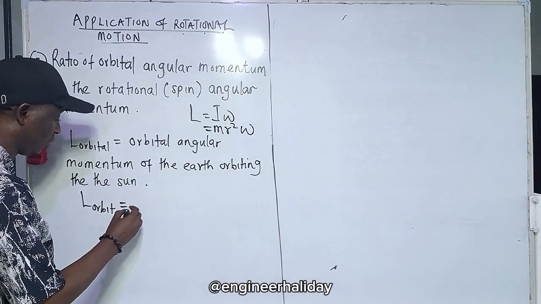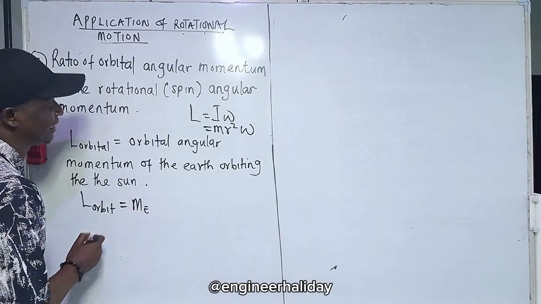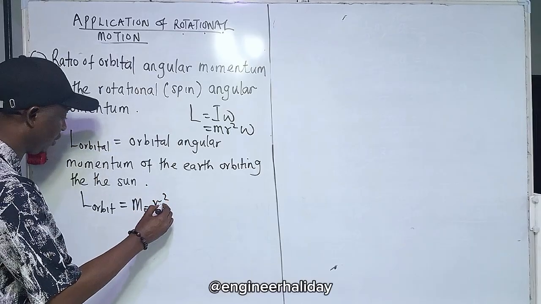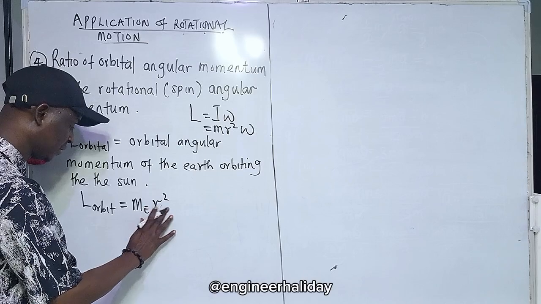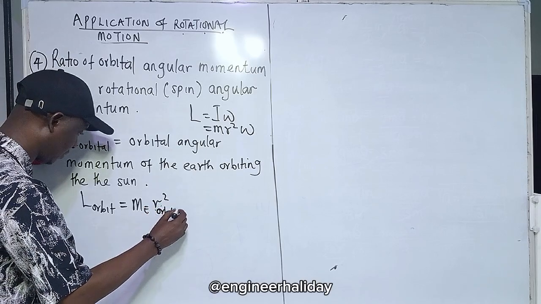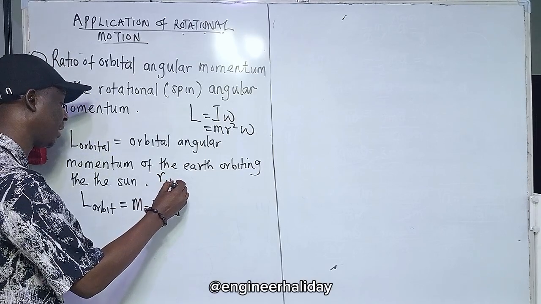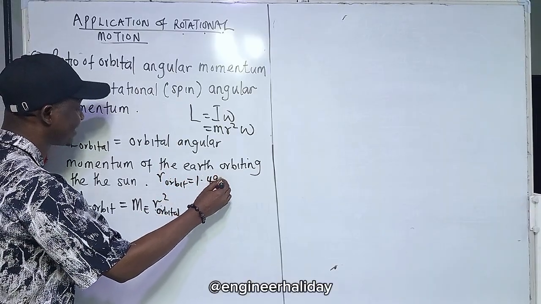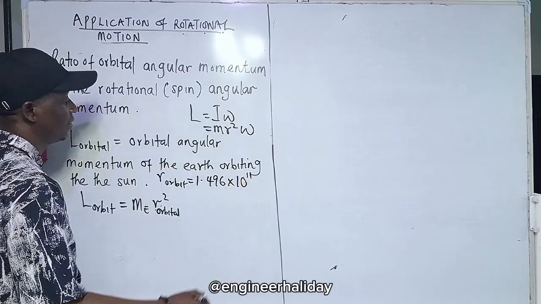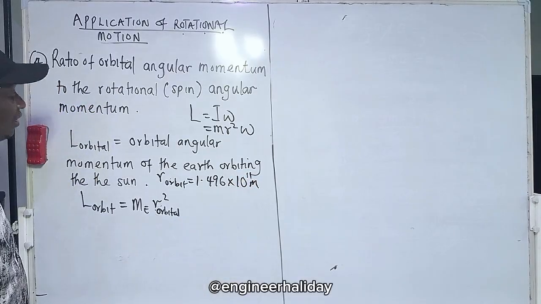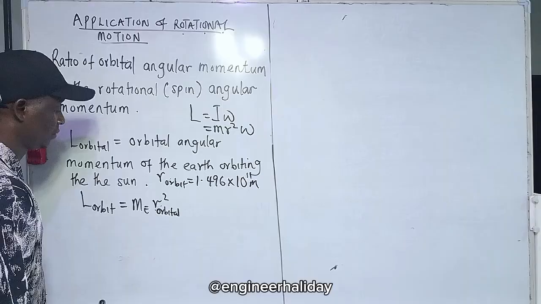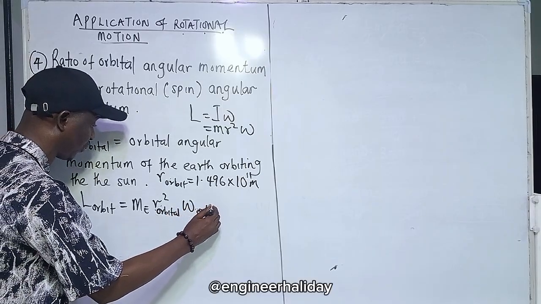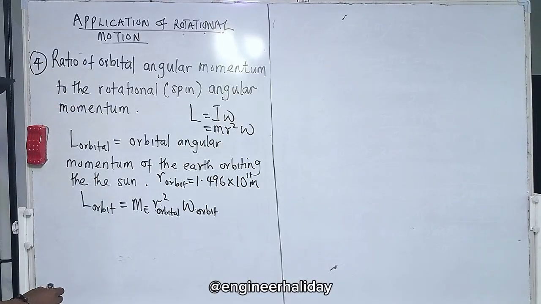We can say the mass of the earth, since we are taking the earth as reference, times radius square, the orbiting radius. That orbiting radius is about 1.496 times 10 to the 11 meters. That is the orbiting radius of the earth around the sun. Times W, the orbiting angular velocity. That is the formula for number one.